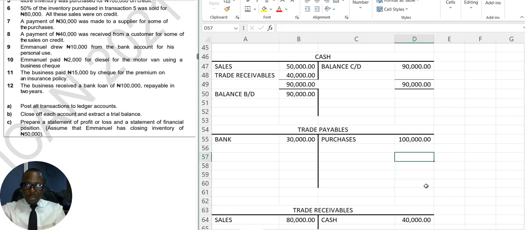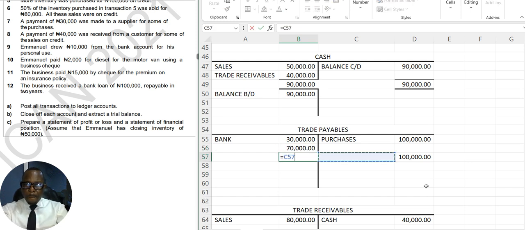The next one is your trade payables. Trade payables has this amount. Okay, that's 100,000. And the difference between 100 and 30 is how much? 70, 1, 2, 3. Right, so you have your 100 here. So you bring your 70 here.